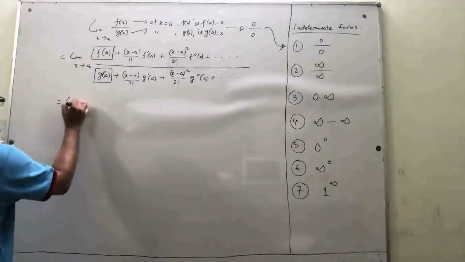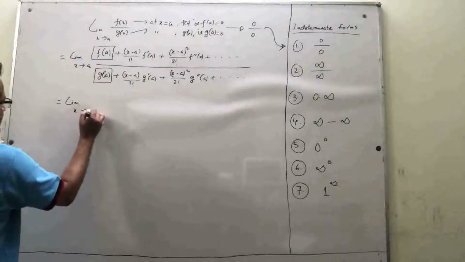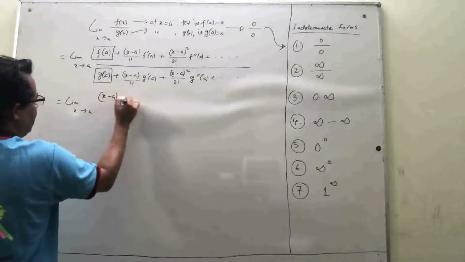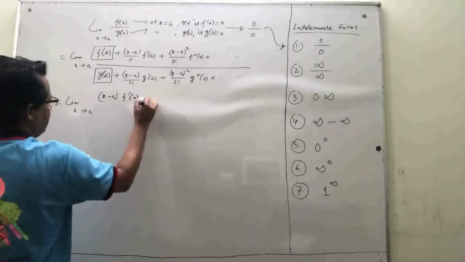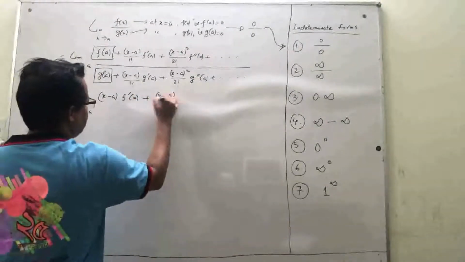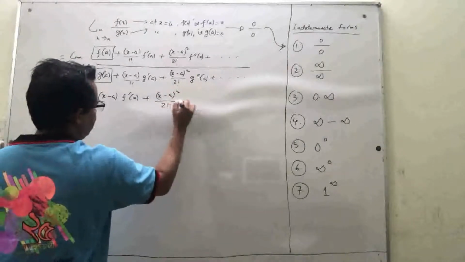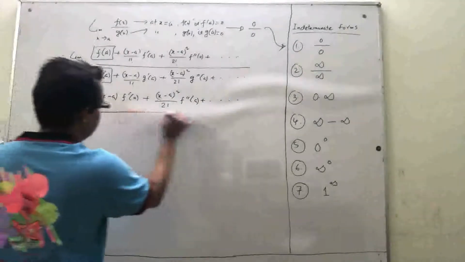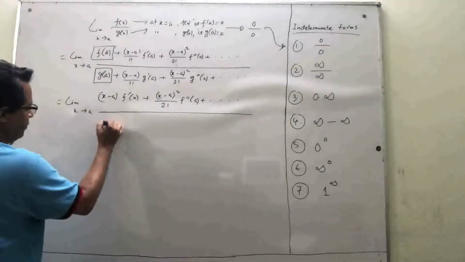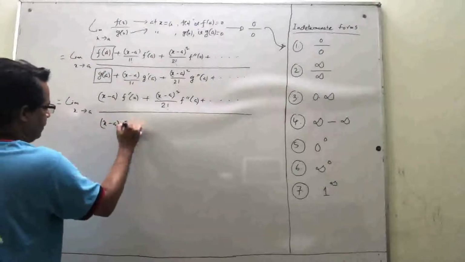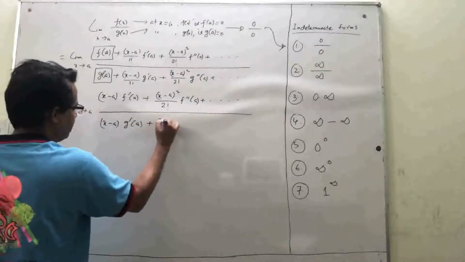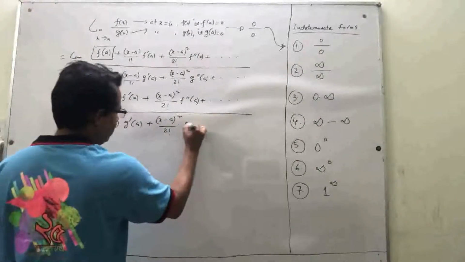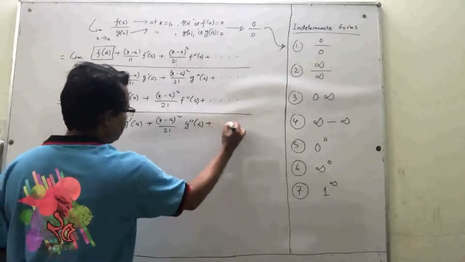Therefore, we have another expression: limit x tends to a of x minus a f derivative a plus x minus a whole square divided by 2 factorial f double derivative a plus dot dot, over similarly x minus a g derivative a plus x minus a whole square divided by 2 factorial g double derivative a plus dot dot.